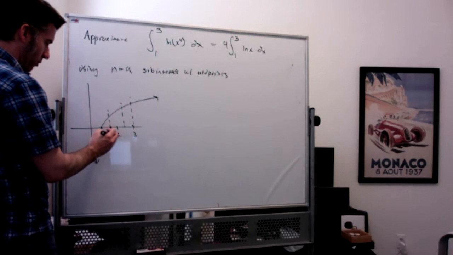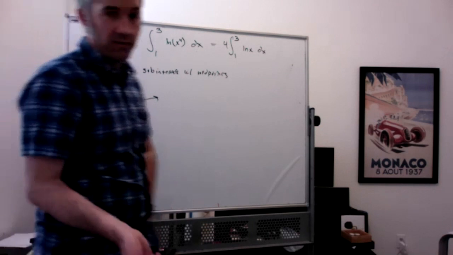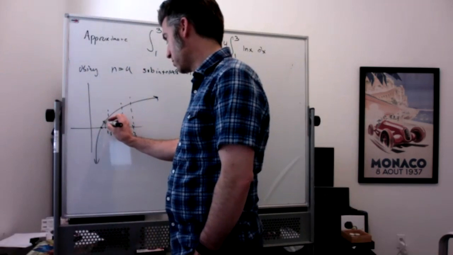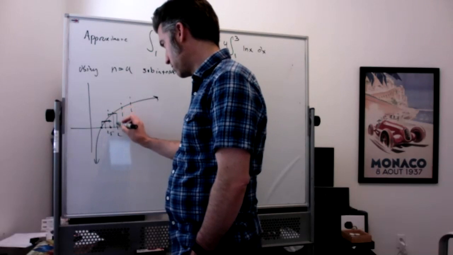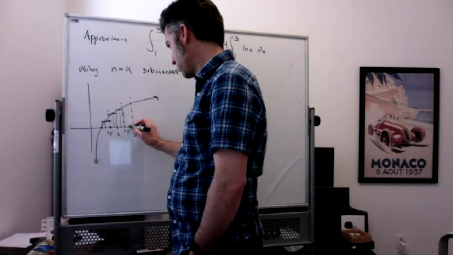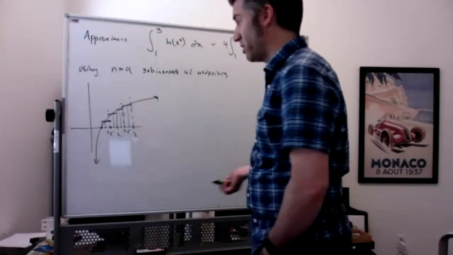So that's 1.5, that's 2.5. So then if I want to estimate the area of those rectangles using midpoints, right? The midpoints are half.